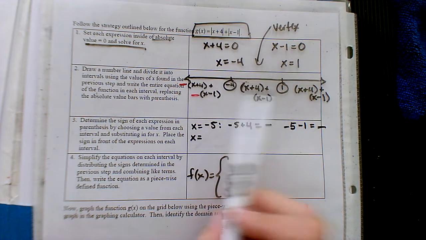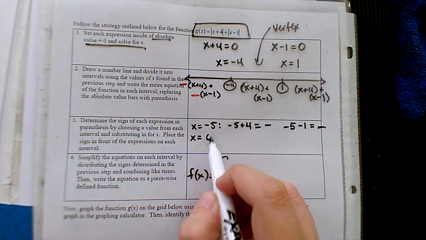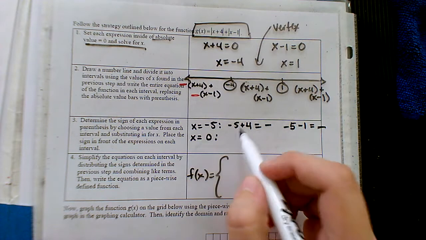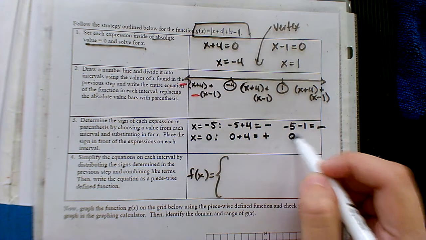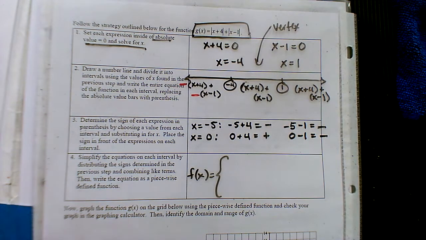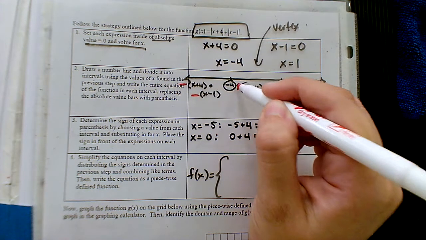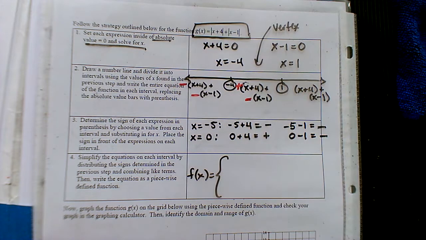Can we pick a number between negative 4 and 1 to test? You think 0 would be pretty easy? So 0 plus 4, positive, 0 minus 1, negative. So in front of the first parenthesis, we'll put a plus. In front of the second one, we'll put a minus.